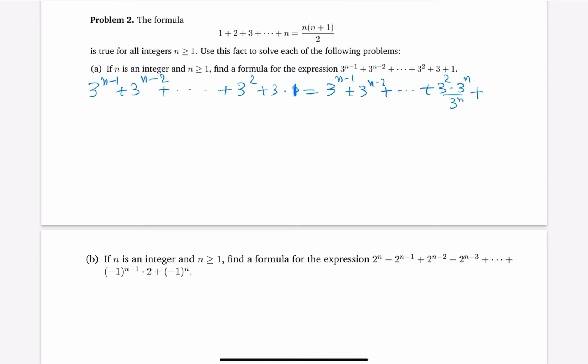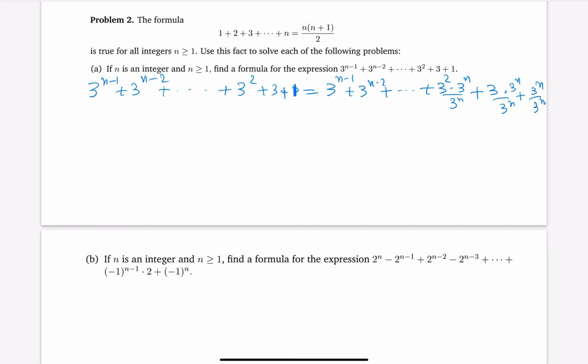Same thing for the last term: 3 times 3 to the n divided by 3, nothing will change. Same thing here, if you multiply and divide by 3 to the n, nothing will change.